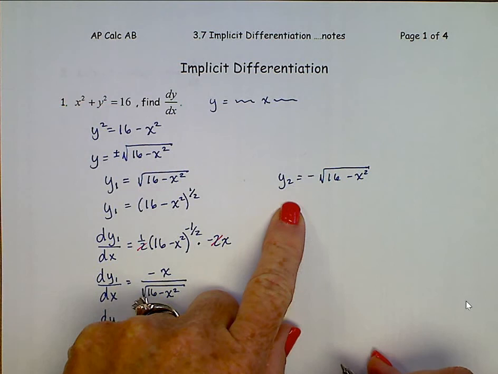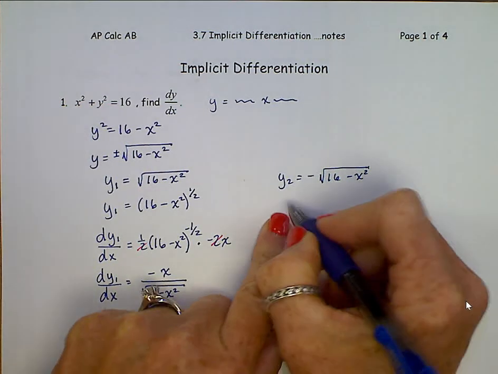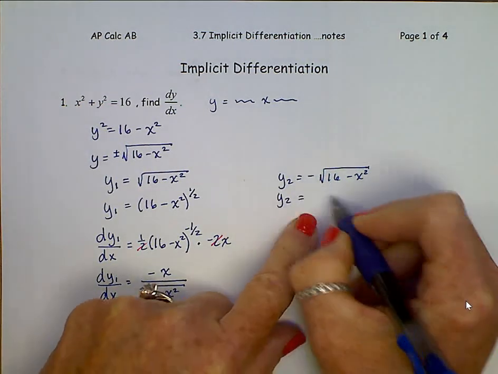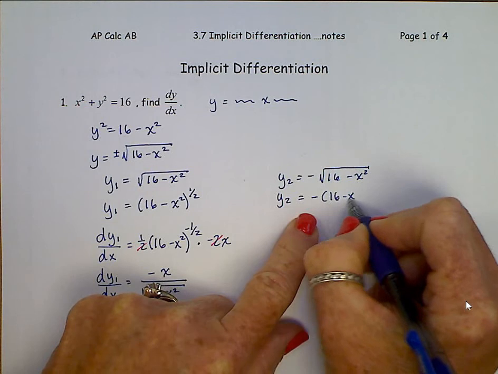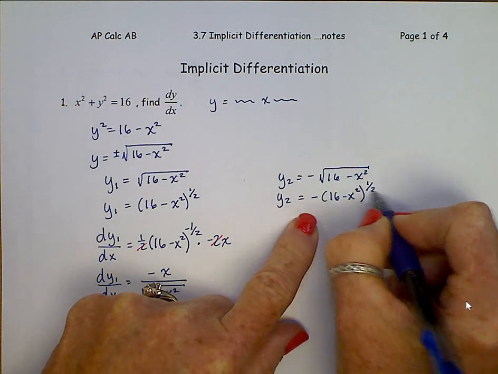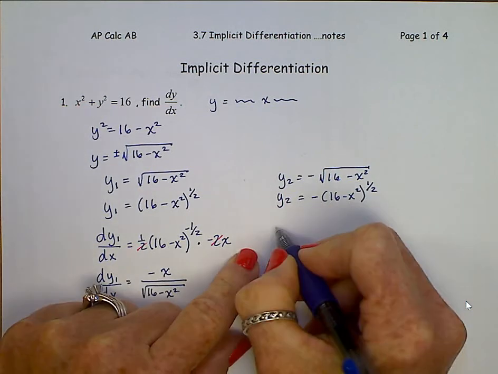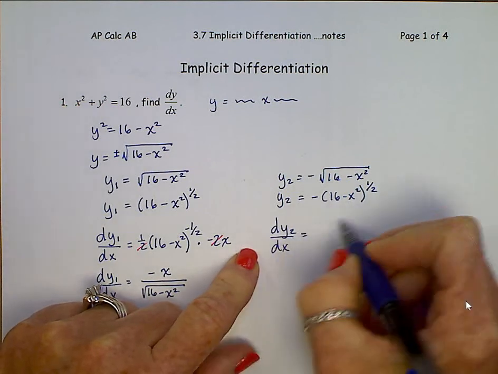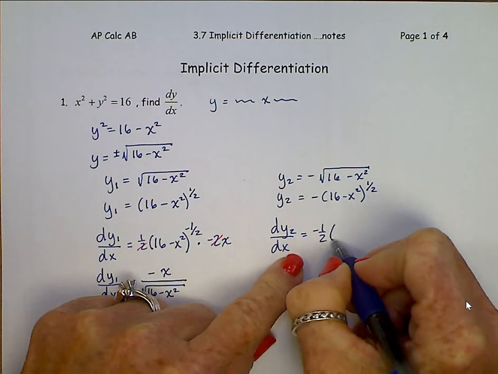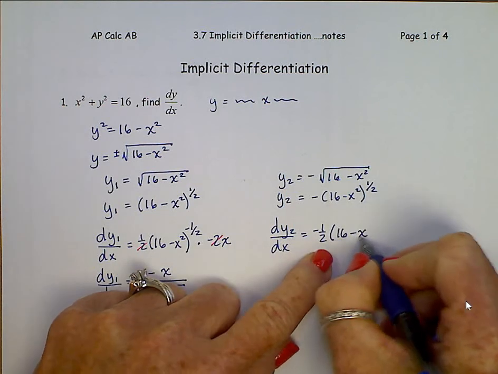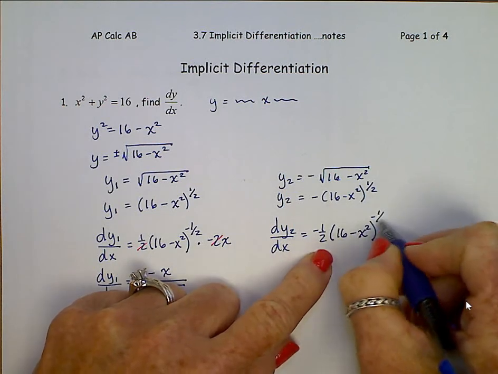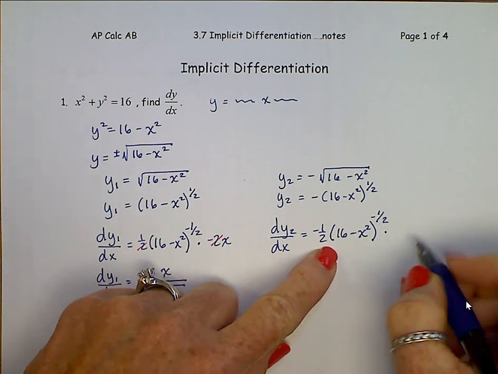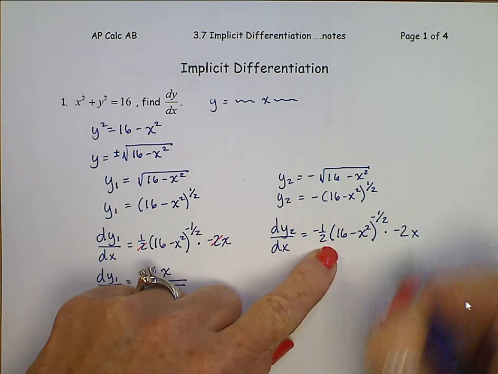Looking at y sub 2 over here, again we'll do the same thing, rewrite that, and do a derivative, and this derivative is dy sub 2 dx, and we'll have negative 1/2 times the 16 minus x squared to the negative 1/2 times the derivative of the inside, which is a negative 2x.